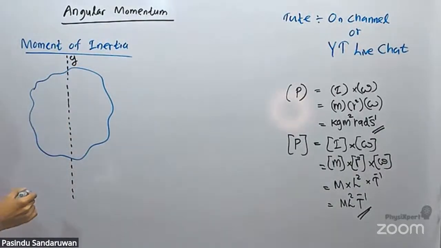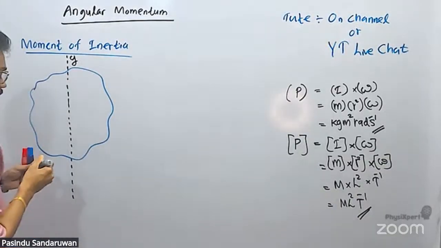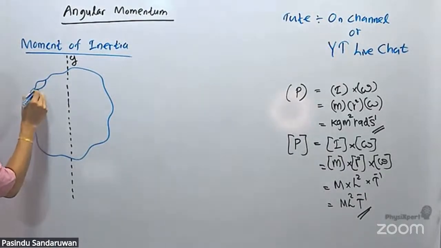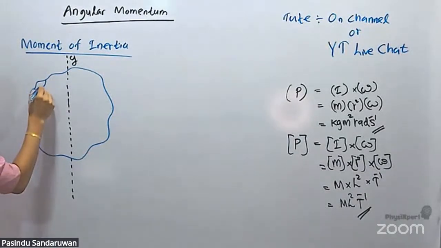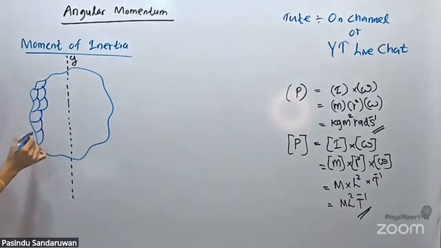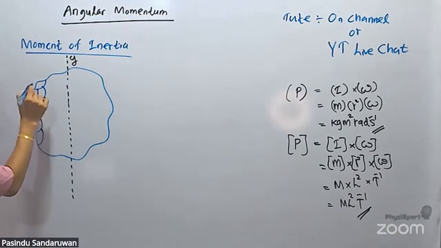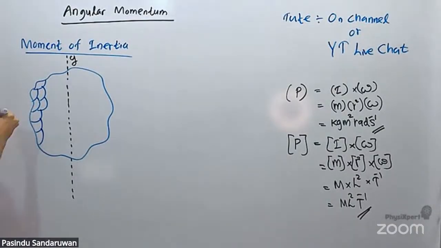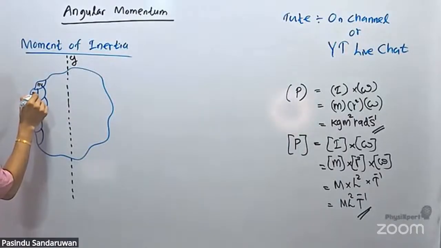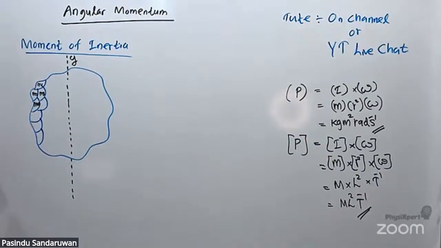The object is going to rotate around the y axis, and we are going to split the total mass of the object into n number of small particles, like this. Let's say these particles are m1, m2, m3, m4, and likewise it goes.